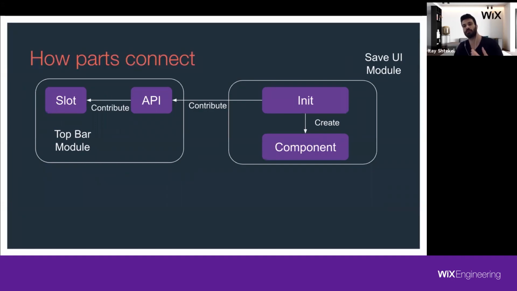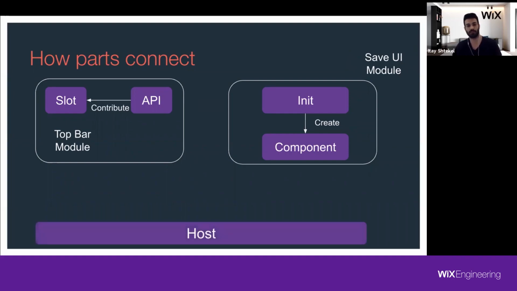So if we examine what we looked at before, the contribution mechanism, instead of Save talking directly to API, we know this doesn't happen. Save is not aware of the specific implementation of Toolbar. Instead, we have this hub, the host, the empty application.